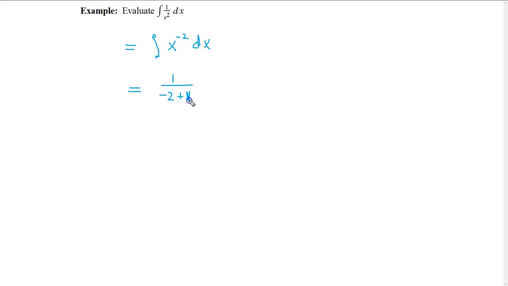so you see, using the power rule, the 2 right here is playing the role of the n in the power rule. That's playing the role of the n. So right here is 1 over n plus 1 times x to the negative 2 plus 1 plus c, and then we can clean that up a little bit and just write that as, and we can further clean that up as, and that's our answer.